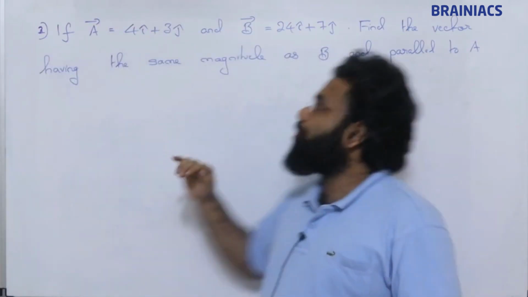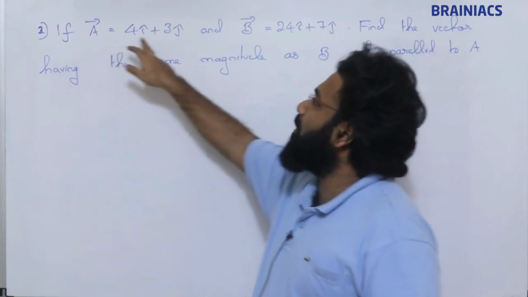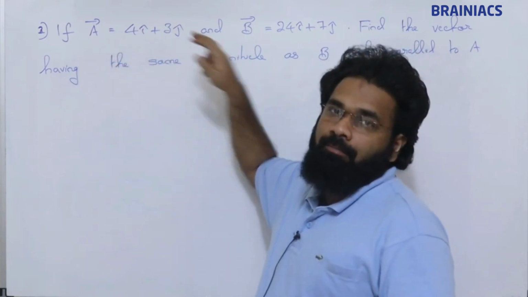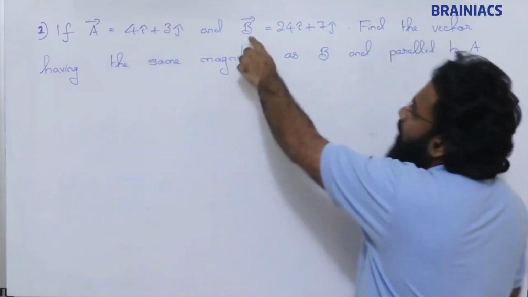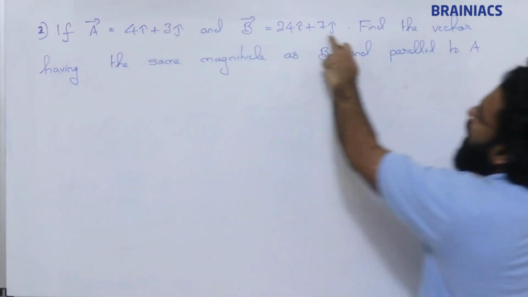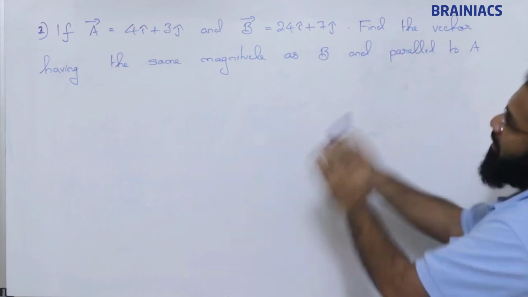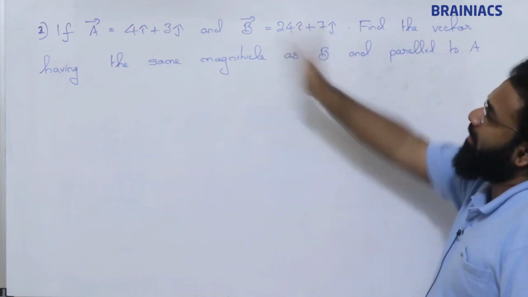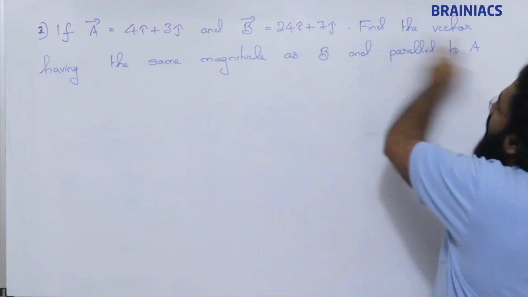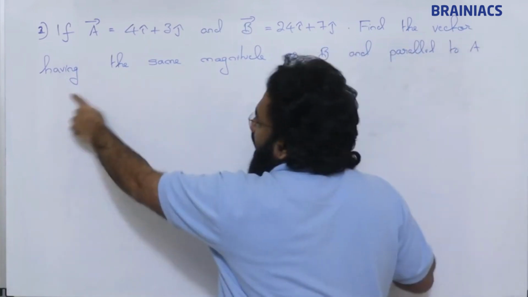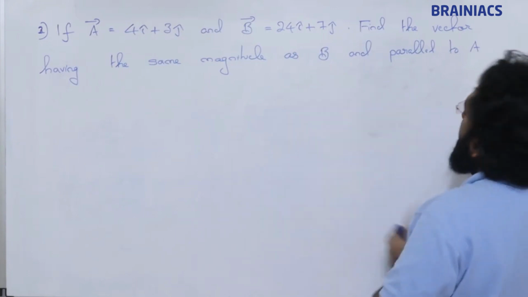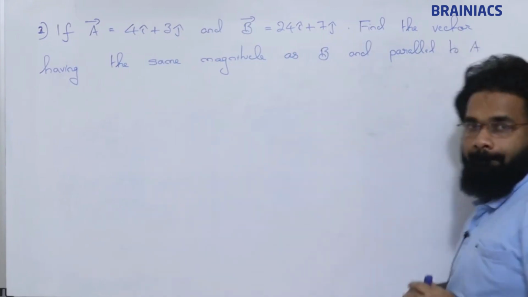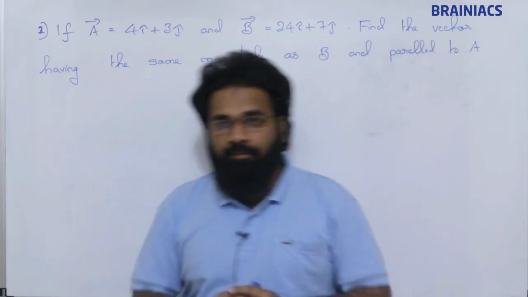See this question. If vector A is equal to 4i plus 3j, vector B is given as 24i plus 7j. Find the vector having the same magnitude as B and parallel to A. Getting the question?